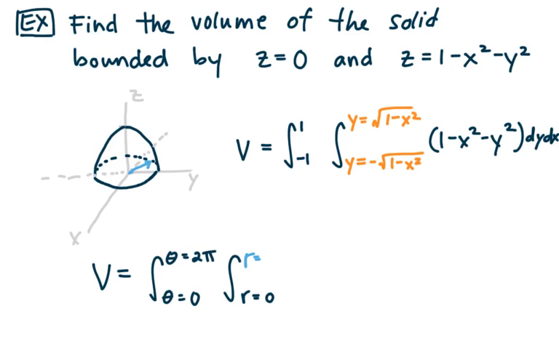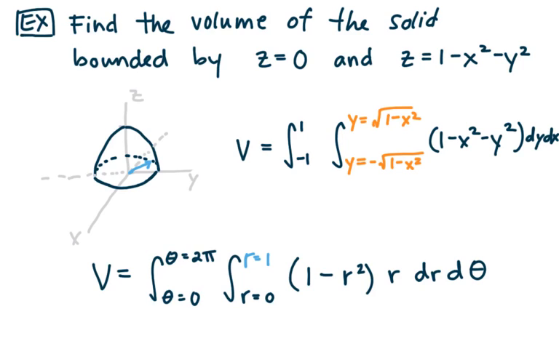So r equals 0 to r equals 1. If I think about redefining this, I could factor a -1 out, so I'd have negative the quantity x squared plus y squared. So here I could say 1 minus r squared. Don't forget your extra factor r, and then we write dr d theta.